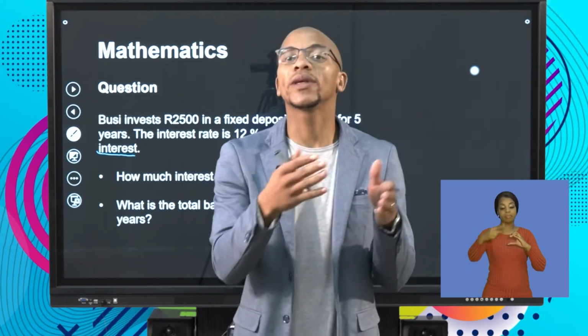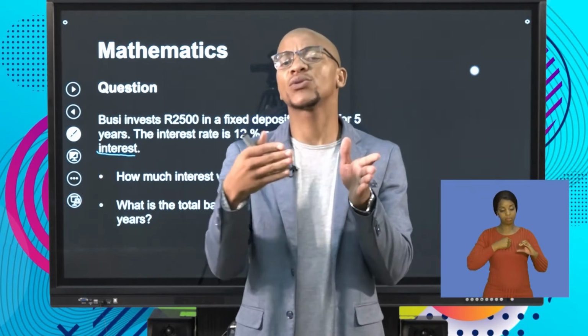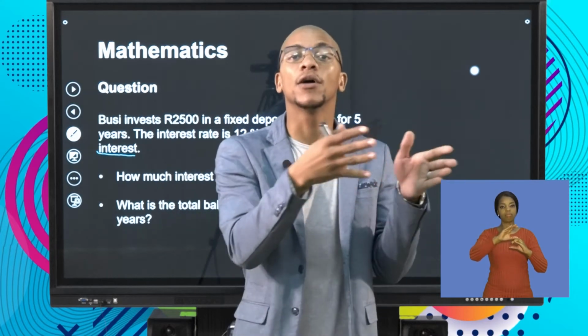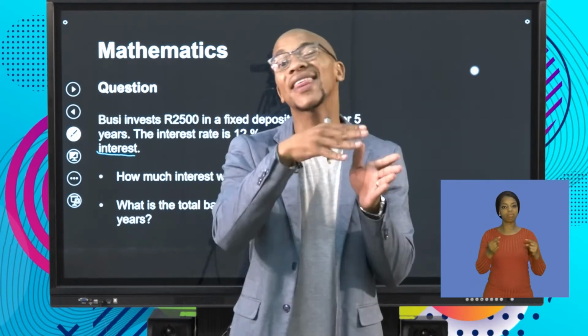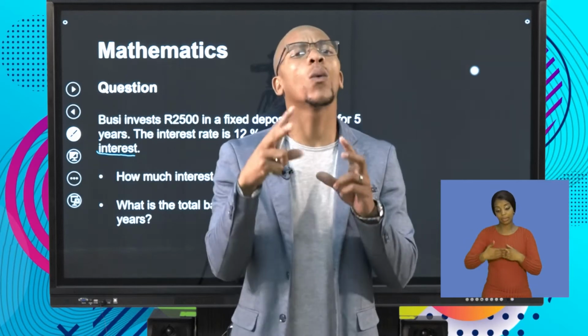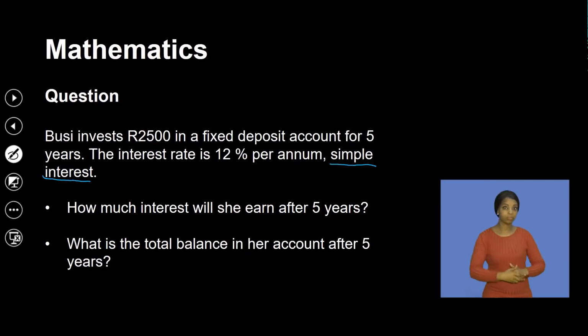Then we also look at the interest rate that Busi is going to get for that duration. At the end, we will look at the balance Busi will have in her account after the money she has invested matures over the 5 years at that simple interest. The first question we will look at is how much exactly will Busi earn in interest after 5 years?